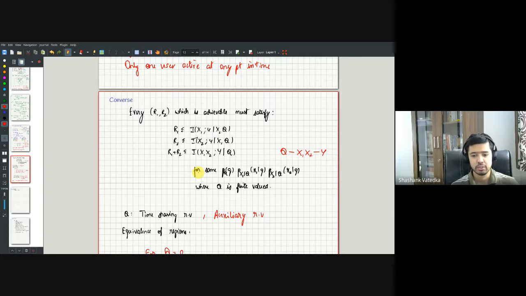So that's what the auxiliary random variables enable us to do. Now, this is not a very convenient form because, at least at this point, I'm saying that Q is finite valued. The size of Q could be very, very large. So the space of distributions over which you need to check these inequalities could be very, very huge, because the larger the size of your alphabet, the larger the search space for P(Q), P(x1 | Q) and P(x2 | Q).